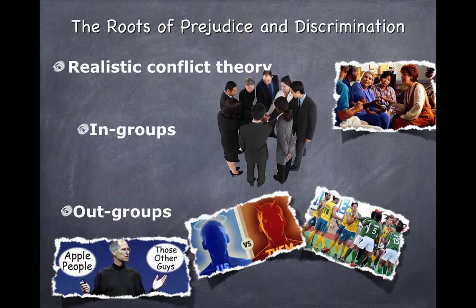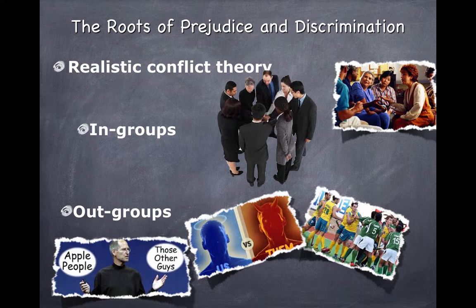If someone from an out-group tries to come into the in-group, you will sometimes try to make sure they don't get in. And so the in-group has a strong sense of togetherness with the people whom you associate with. We see this in college fraternities, sororities, and social groups and social clubs. Now, out-groups, on the other hand, are made up of individuals specifically identified by the in-group as not belonging.